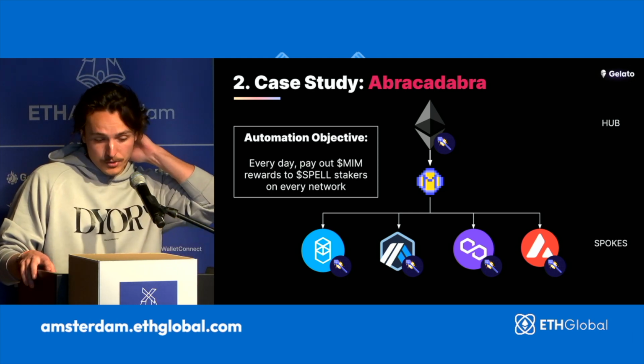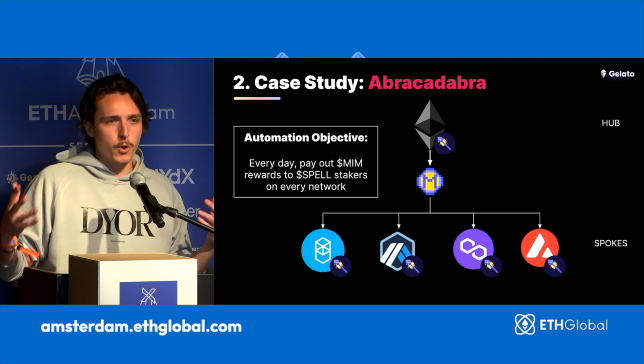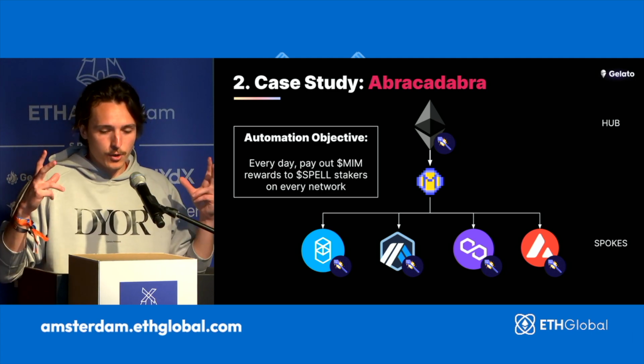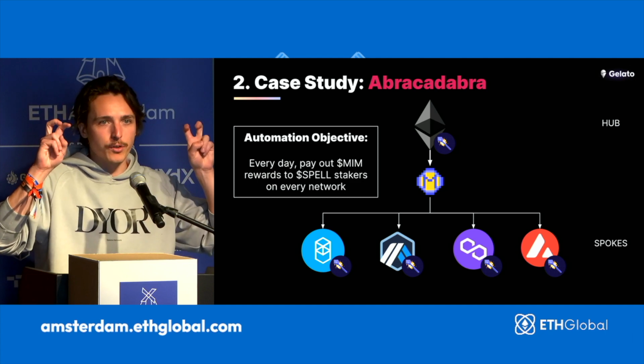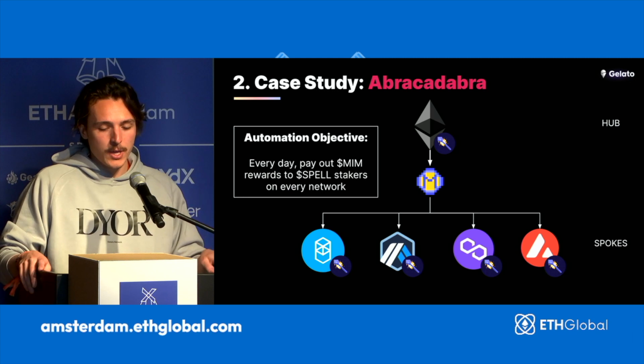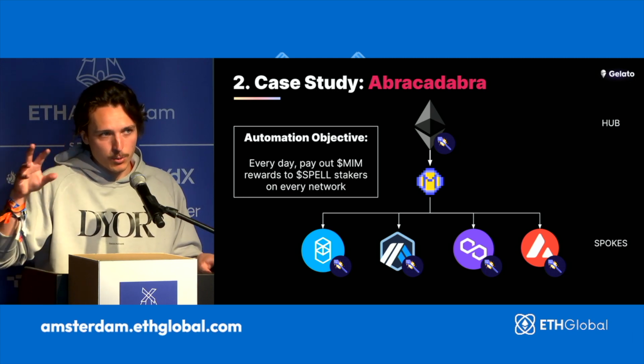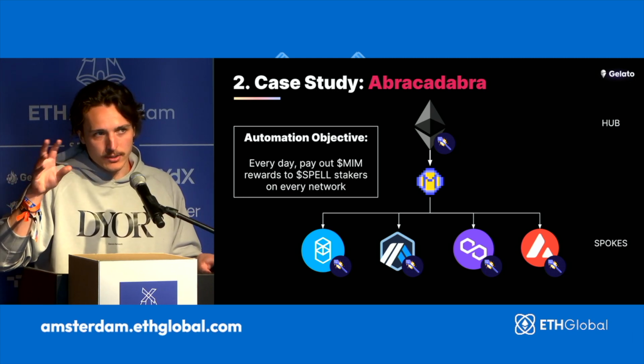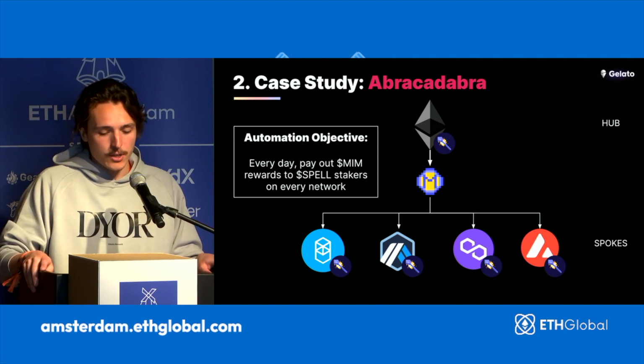And basically what they do is they have a hub and spoke model. They have Ethereum as the hub for their system. So they have one contract on Ethereum, and then they treat all these other layer 1s or layer 2s as spokes, as these children chains.